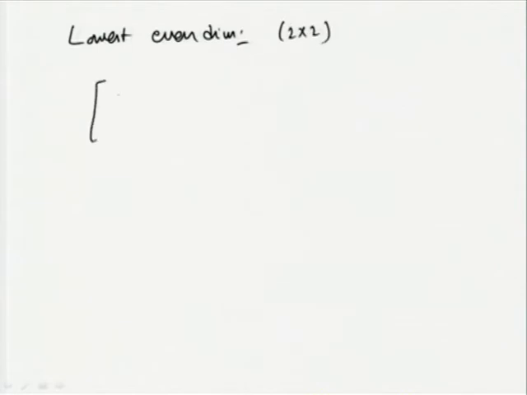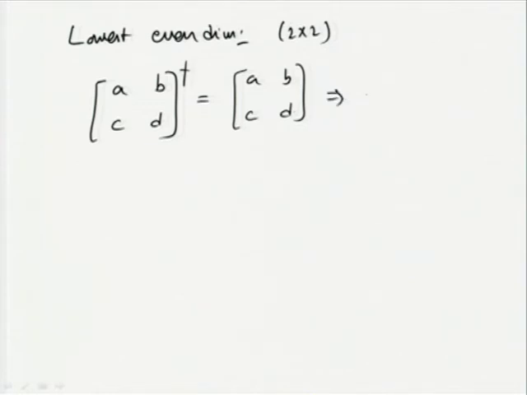Let us take a general matrix A, B, C, D. Hermitian will tell you that A dagger is equal to A, B, C, D itself.